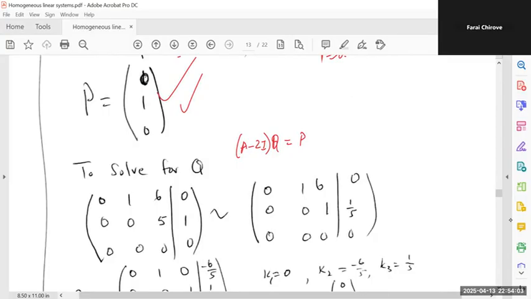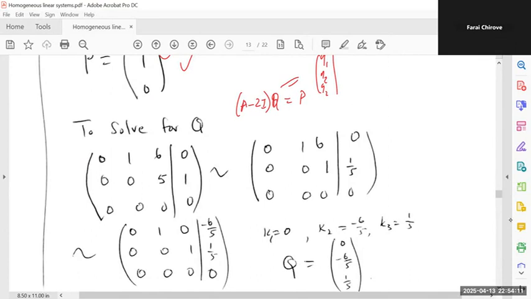So then we have an augmented matrix. The Q would just be some vector Q1, Q2, Q3. So the augmented matrix with P, and you can do the same. Row 2 goes to 1 over 5 row 2, and you get that. And what you then see from here is Q3 equals 1 over 5.